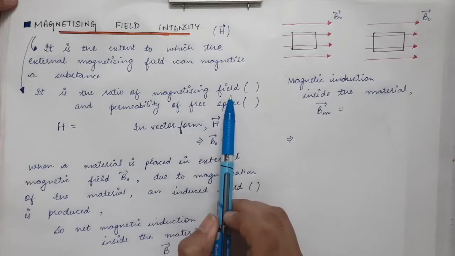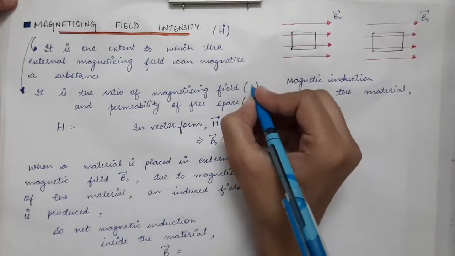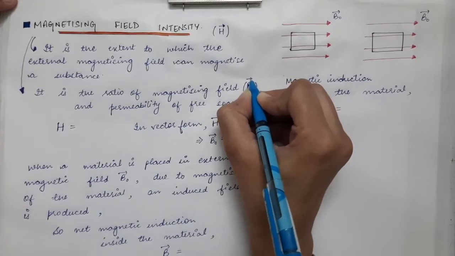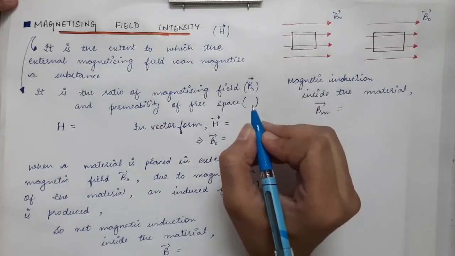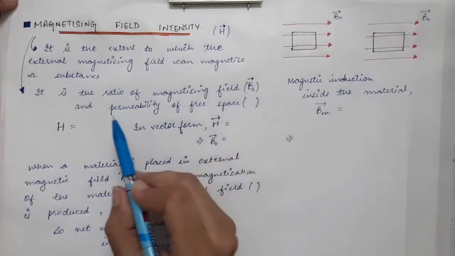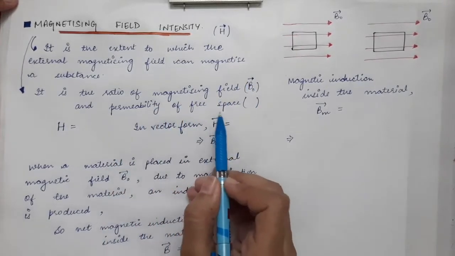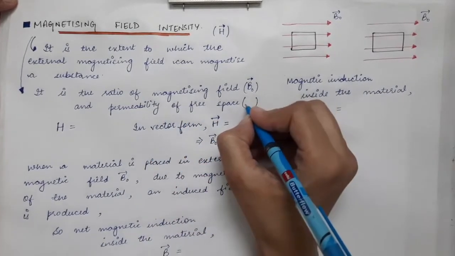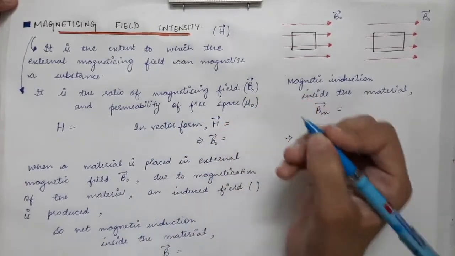So magnetic field in vacuum, let's suppose, is represented by B naught vector. So this is the magnetic field in vacuum. So ratio of this magnetic field B naught vector and the permeability of free space, means vacuum. So permeability of free space is represented by mu naught.